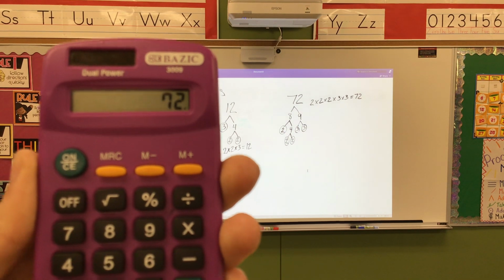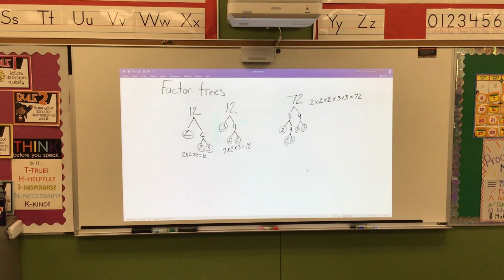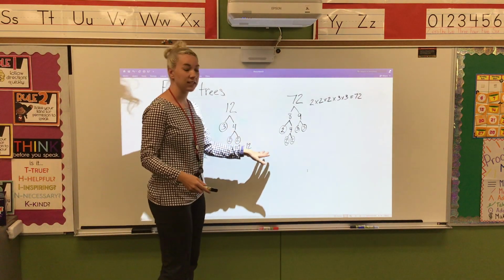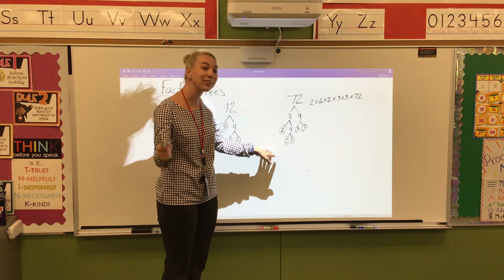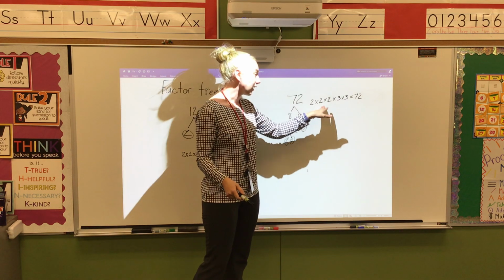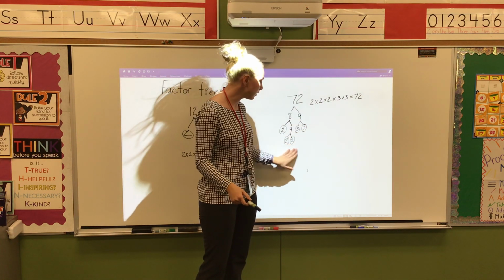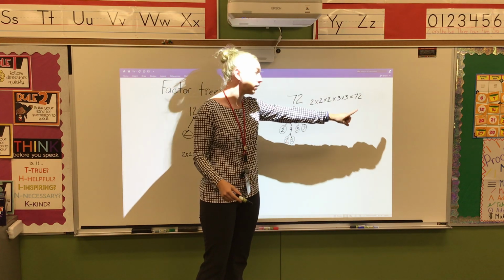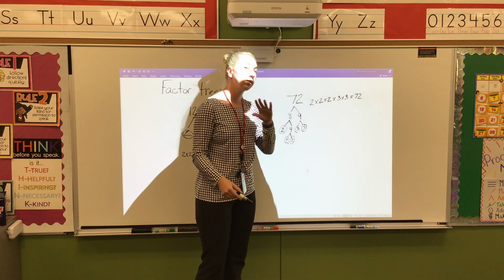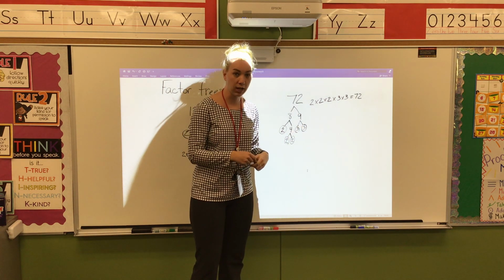Told you guys. I promise it works every time. So never fear. You guys are going to do factor trees. And if you need to double check yourself, get out the calculator and double check. If your primization factors, when multiplied together, don't equal the number you started with, you did something wrong. Go back and double check it.